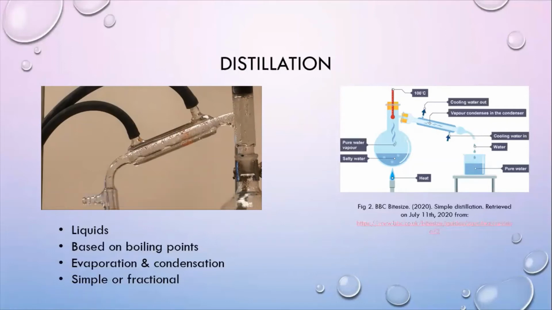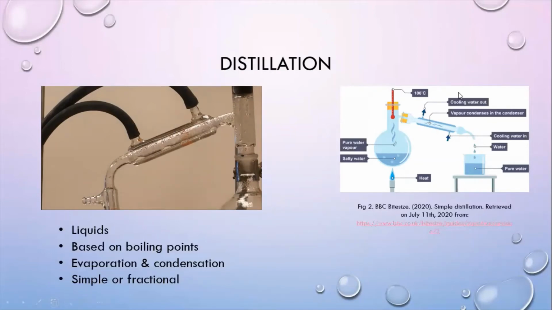We have two main ways of distillating. We can have a simple distillation or a fractional distillation. What is the difference? In simple distillations, the differences in boiling points are really big. So this means that I can easily separate those liquid components.